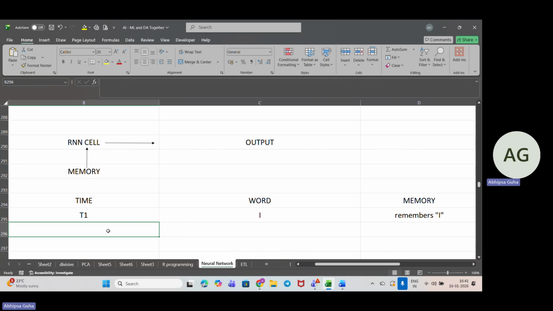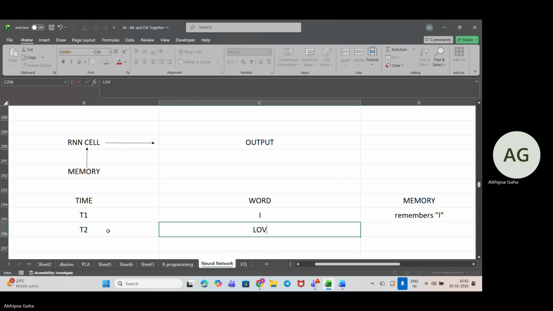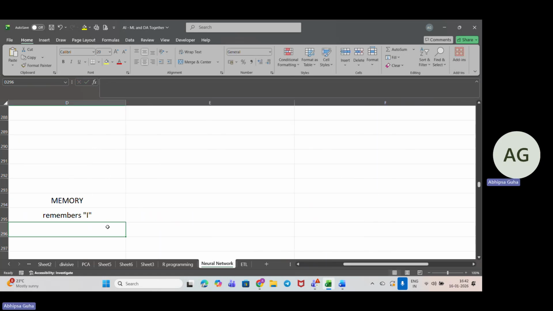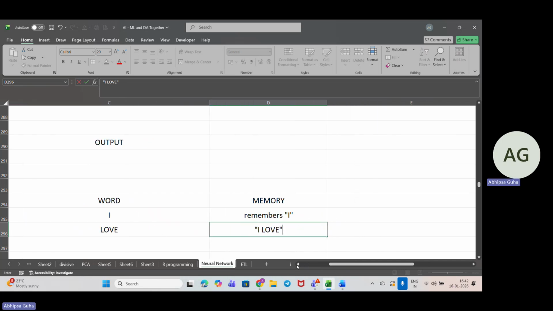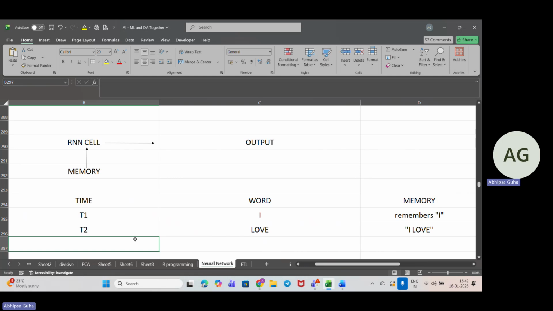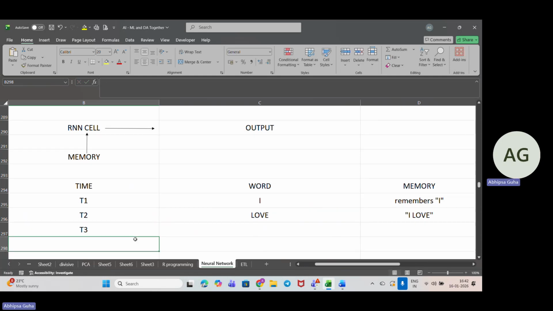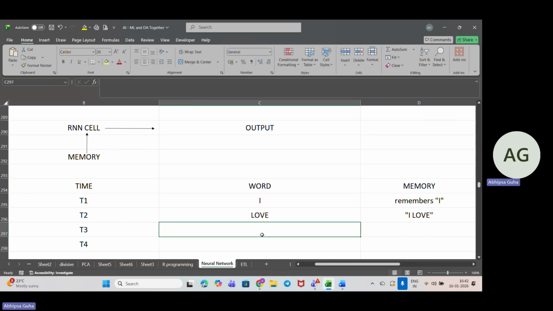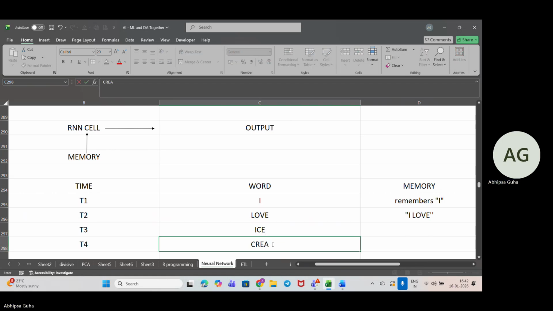Next we have time two. We have the word love. What it remembers is I love. Next we have time three, then time four. Time three is ice, and time four is cream, right?